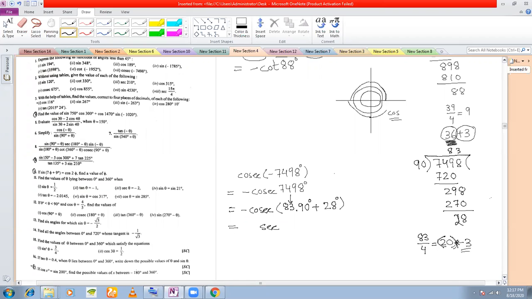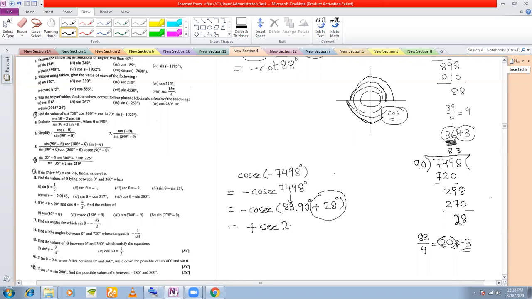So after 20 complete rotations, I'm back here, and then I'm taking 3 extra rotations: 1, 2, 3. So I've reached the third quadrant, and then I have a plus 28, which means I was in the third quadrant and plus something. Now I've reached the fourth quadrant. So in the fourth quadrant, cos and sec are positive. So there will be a positive sign here.